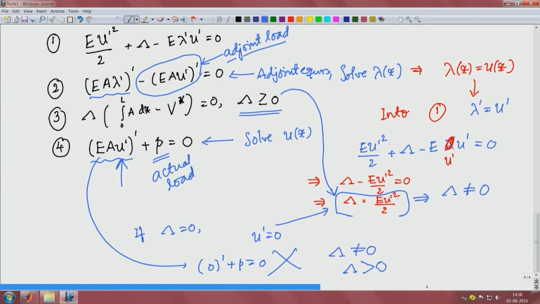Anyway, u prime whatever it is, u prime square times lambda we have, it is easy to see that this lambda is positive, and you also see u prime is a function of x, but lambda is a constant.